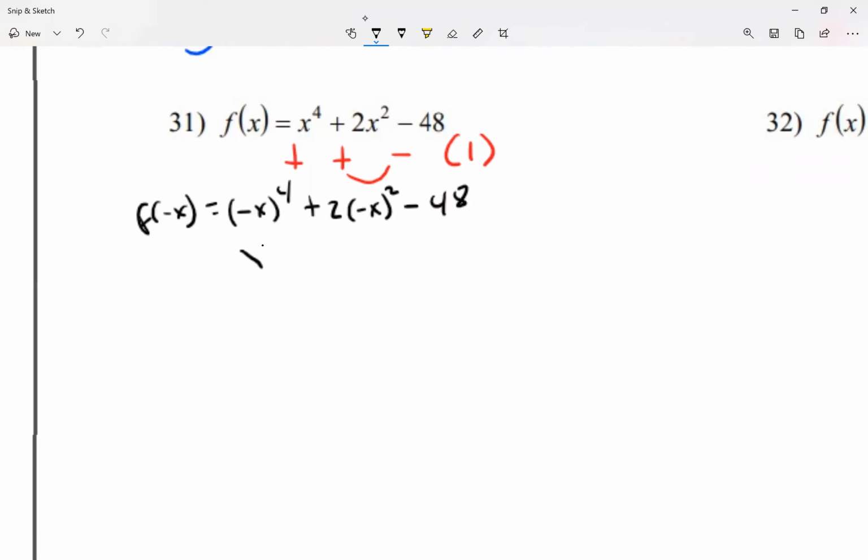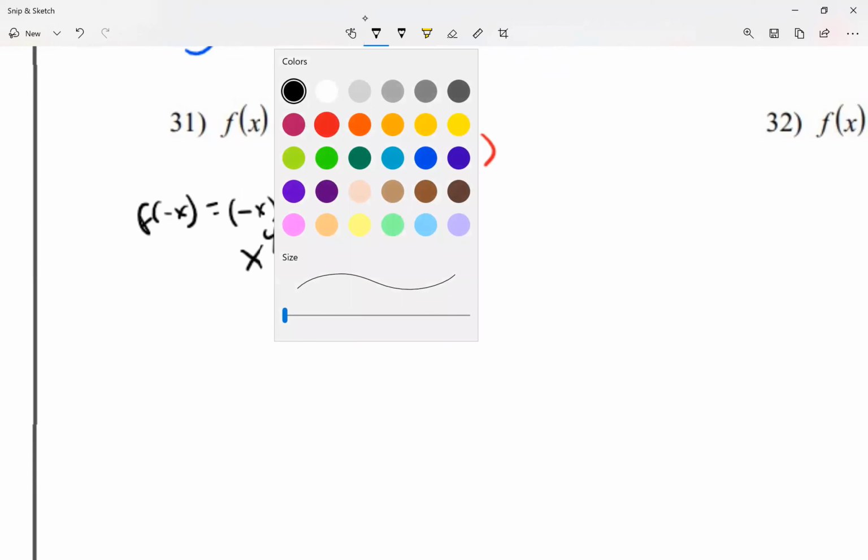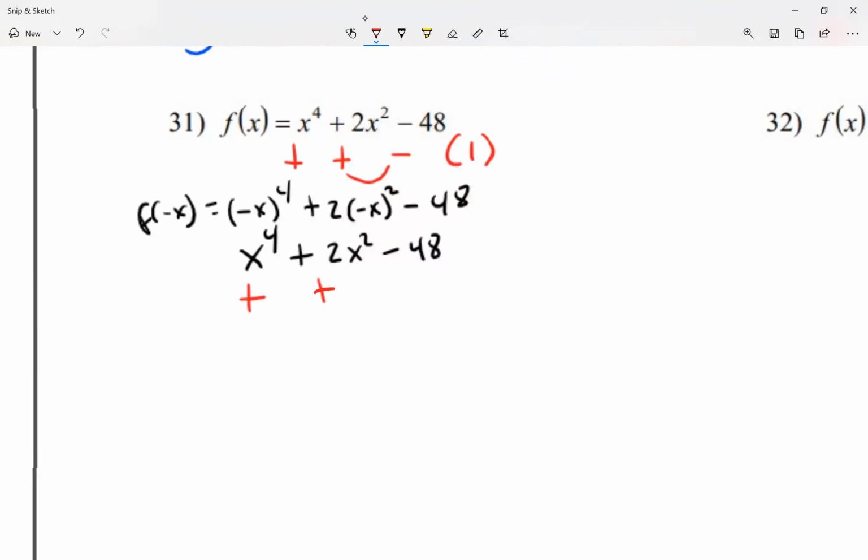So this is going to become positive x to the fourth, because my exponent is even, plus 2x to the second, which became positive because my exponent was even, minus 48. When it comes to the signs, this is positive, positive, negative. There was only one change here.